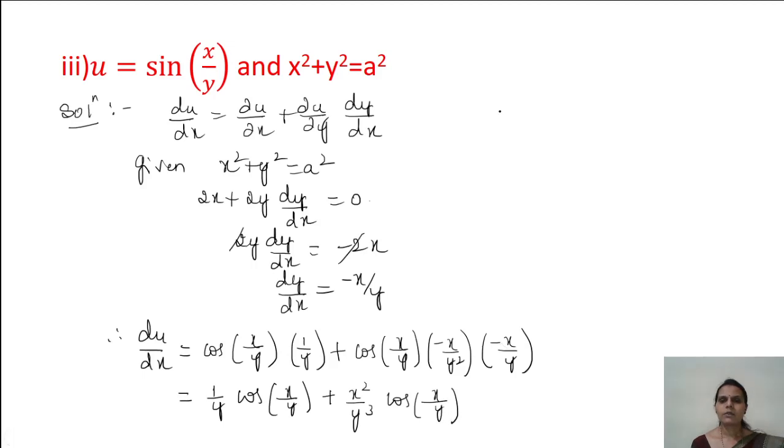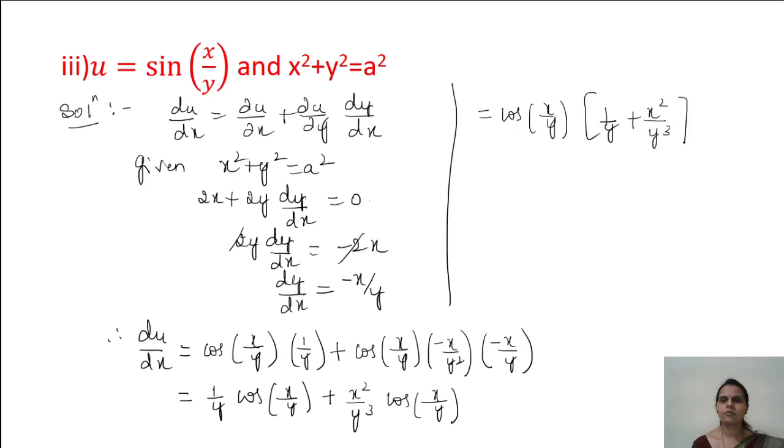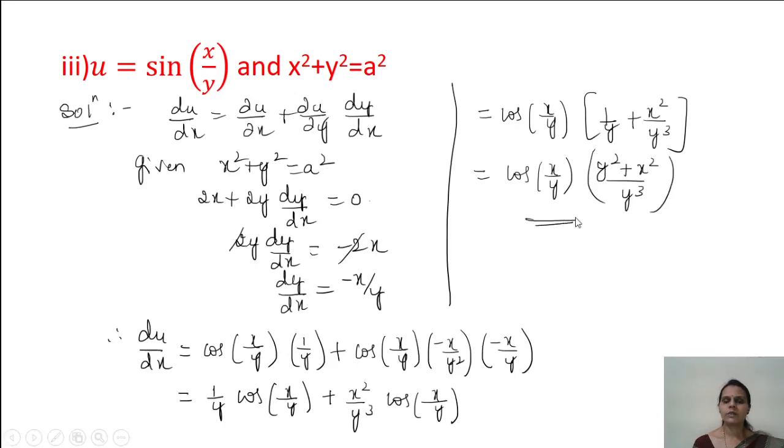So now by taking cos of x by y common, the remaining terms are 1 by y plus x square by y cube, which is equal to cos of x by y into (1 by y plus x square by y cube). This is the total derivative of u with respect to x.